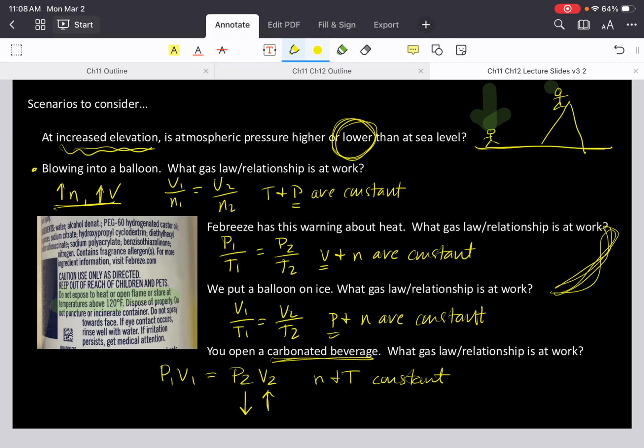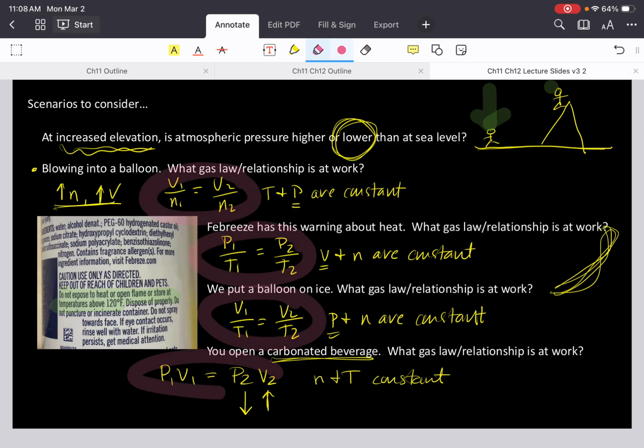Yes? All right. So what this means is that these are the gas laws that we actually use. For example, here and here and here and here, these are relationships that tell us, when one is on top of the other, that means their quotient is constant, which means they're directly related.